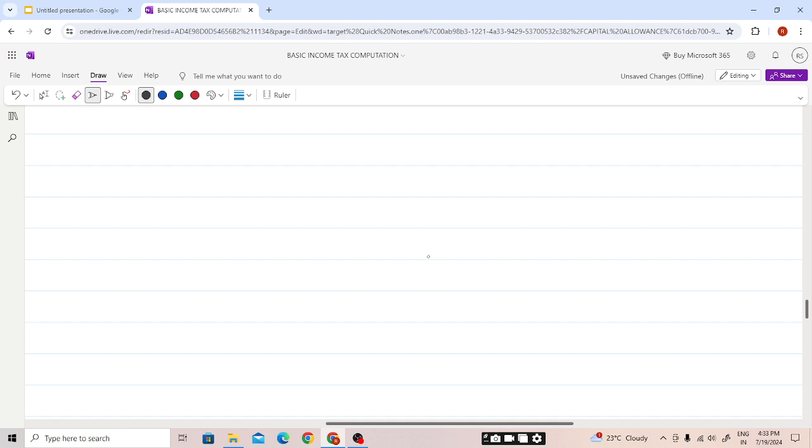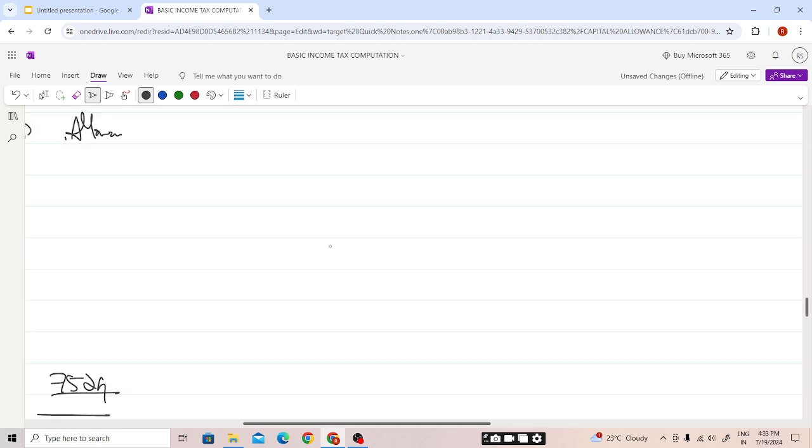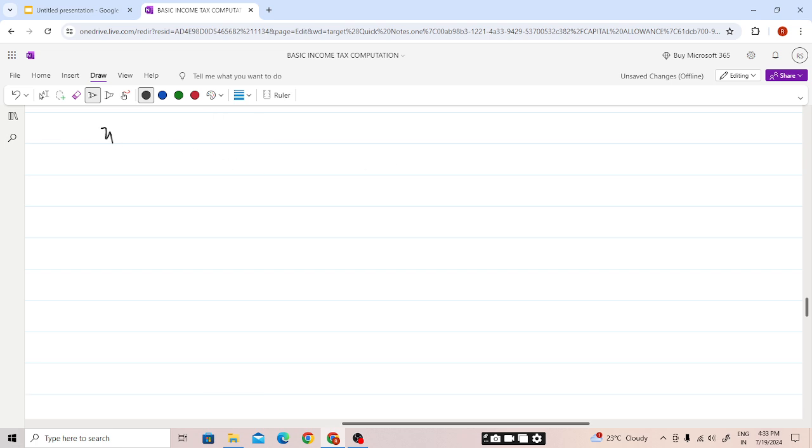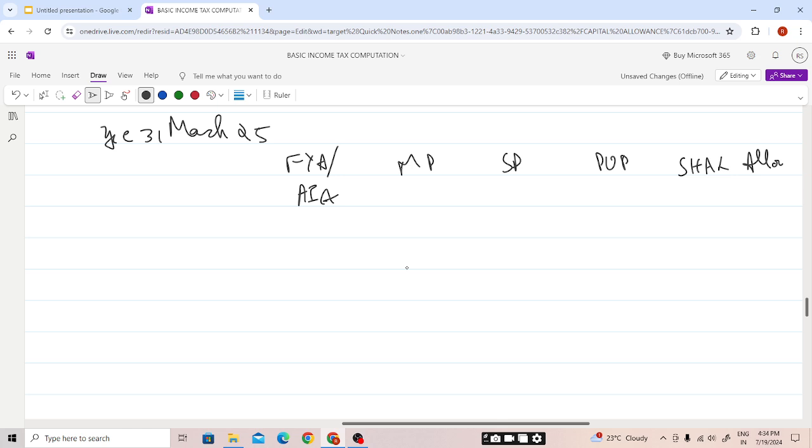Now students, moving to year ended 31st March 25. FIA, AIA, main pool, special pool, private use pool, short life asset pool and allowances.